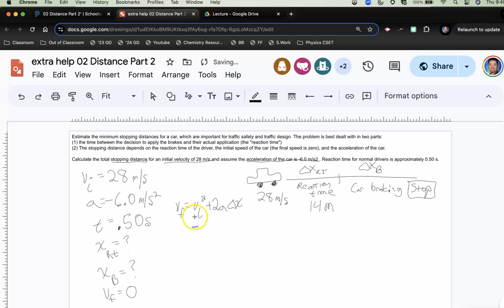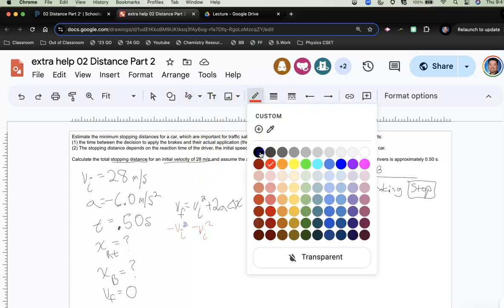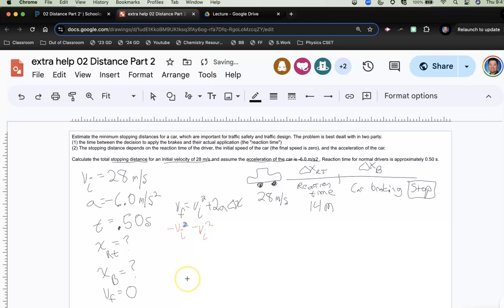Okay. So I'm going to make it red. So I should see you writing. So I'm going to be calling on you next. Okay? So these VI squared cancels, but not here.